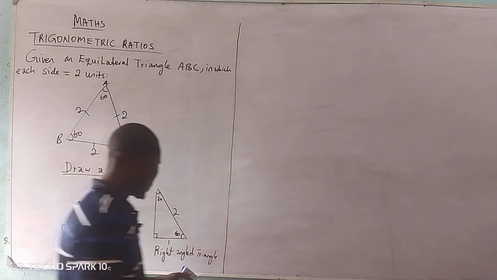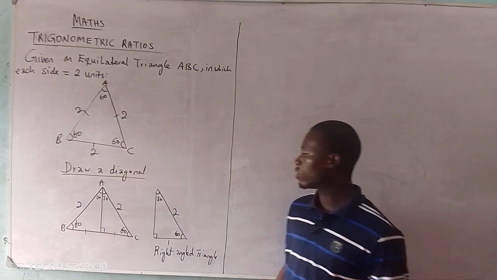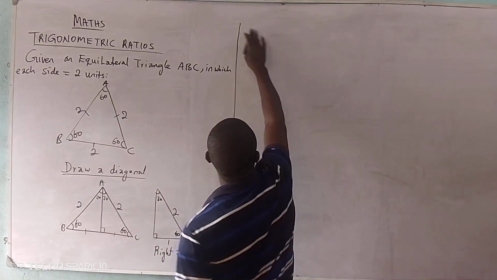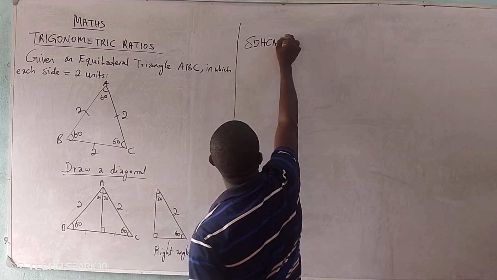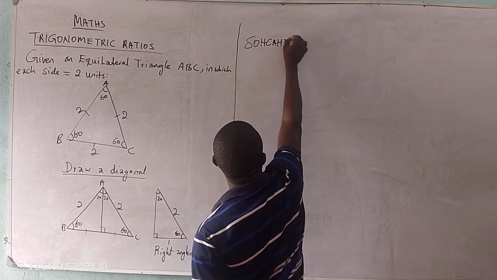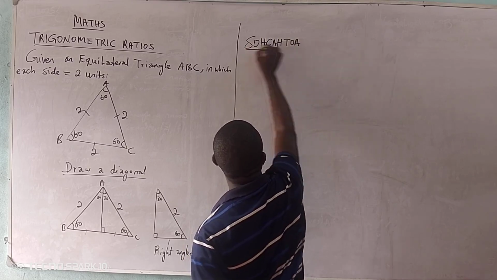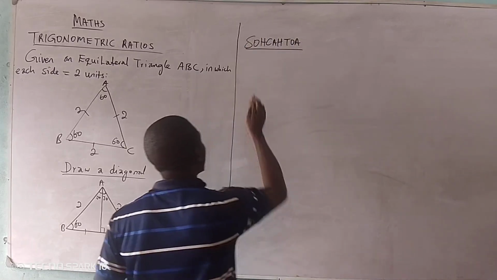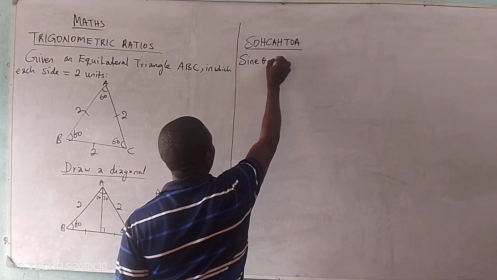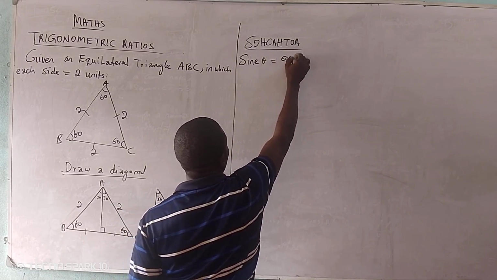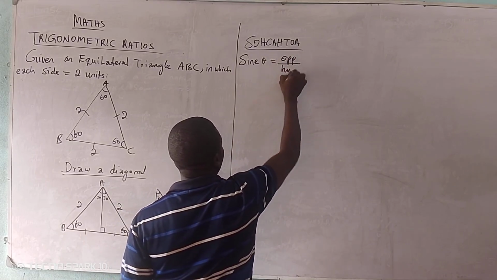So let's start from here. We're going to find this using SOH CAH TOA. SOH CAH TOA says sine theta is equal to opposite over hypotenuse.